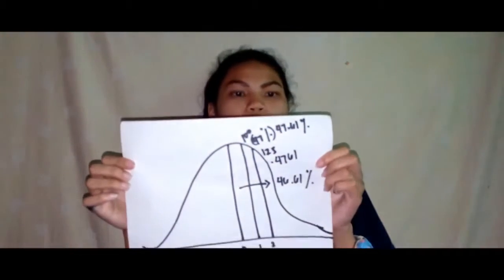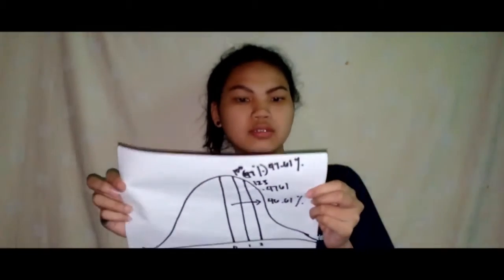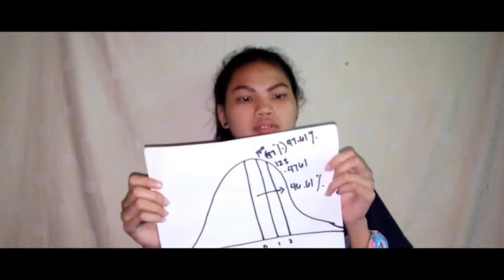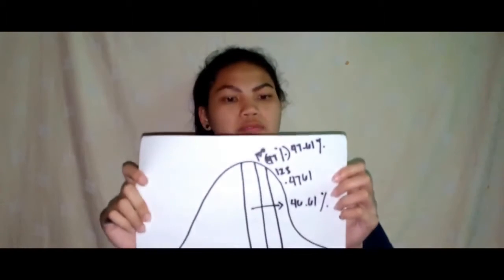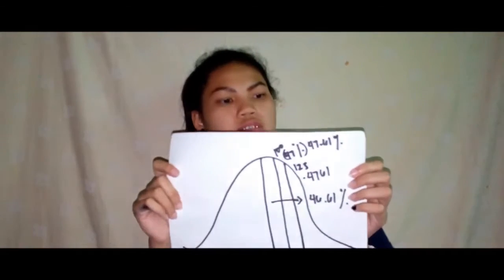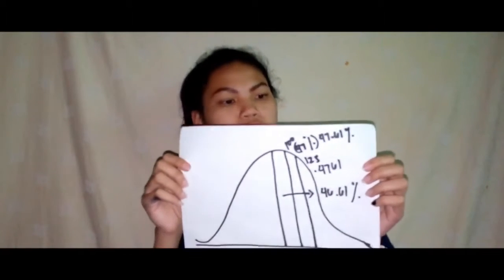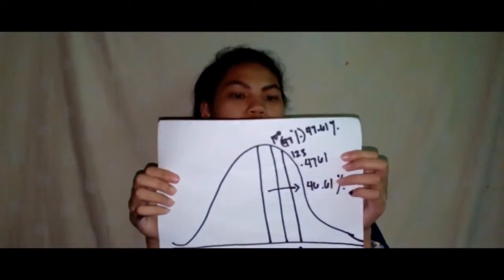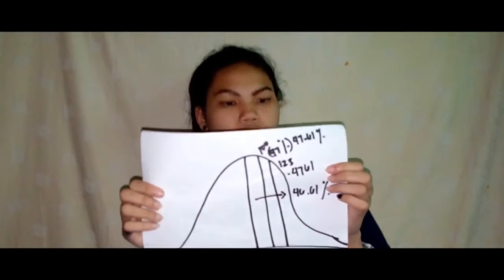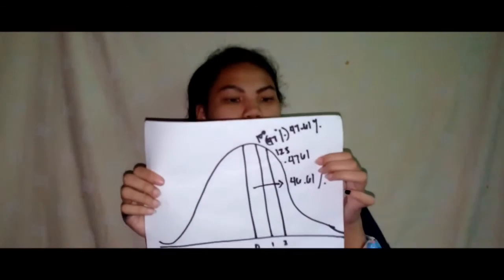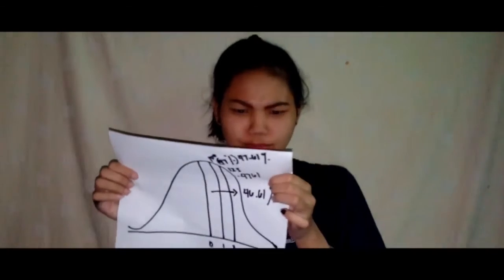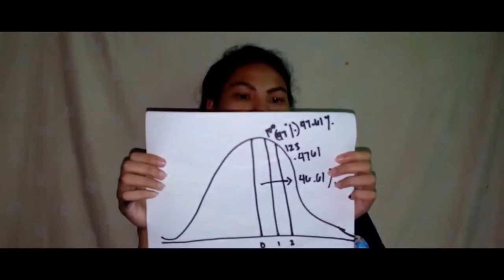So let's go back to looking at the mean. Say your observation on the right is 1.99 standard deviations from the mean. That is the Z-score of 1.99. If we look it up, it is 0.4761. That is the area between the mean and the value 1.99, or 47.61% of all scores.